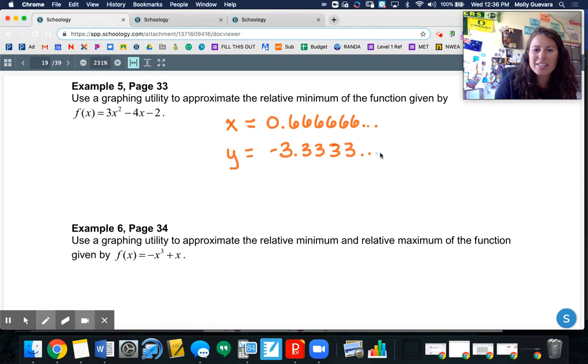And it just keeps going on forever. So at this point in our math career, we should be able to turn these into fractions, like right away, okay? So the relative minimum of this graph, 0.66666, so on forever, we should know is 2/3.